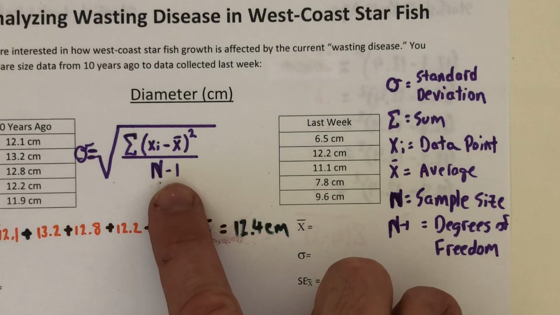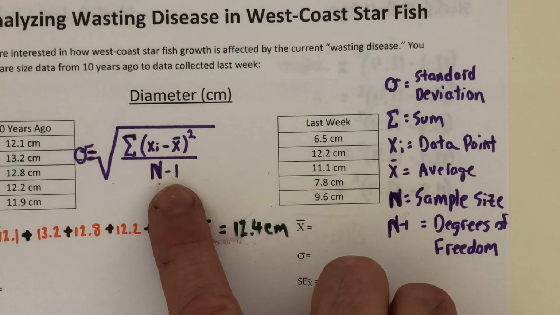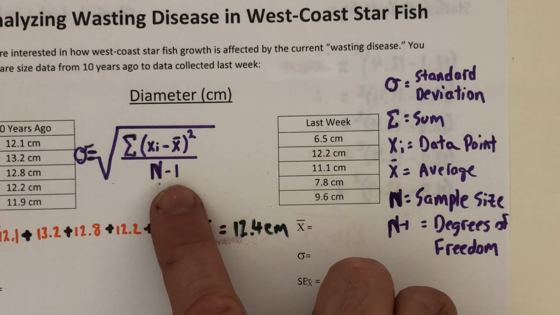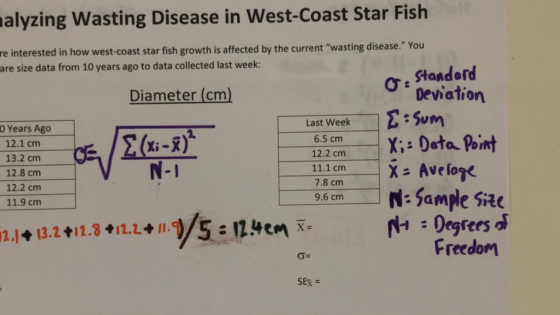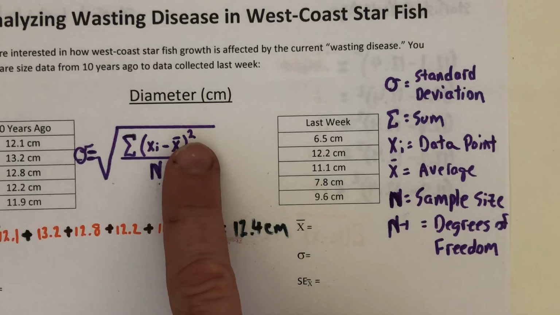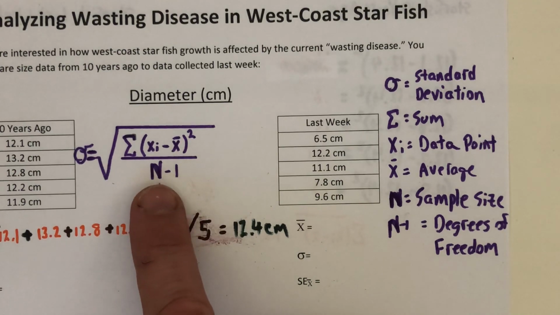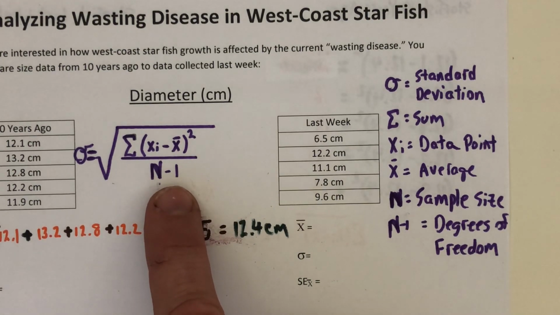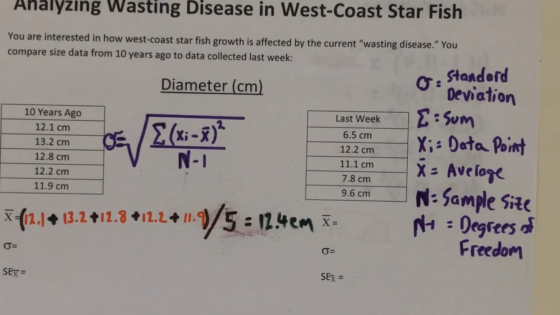In this case, we're using degrees of freedom because we are not sampling the entire population, we're just sampling a portion of it. If we had the entire population, then we would use n, not n minus 1. For example, if you had 1,000 fruit flies and you tested the entire population, you would use n. If you only tested 750 of those 1,000, then you would do 750 minus 1. So that's the difference there.